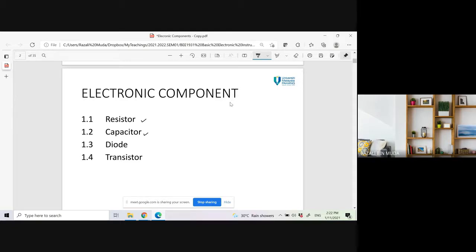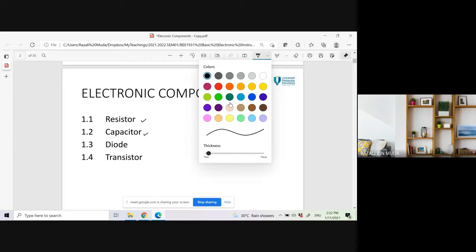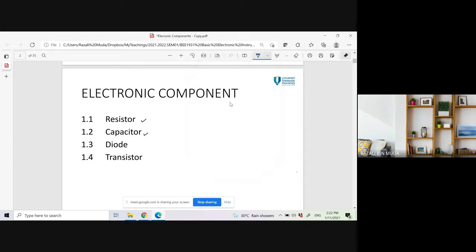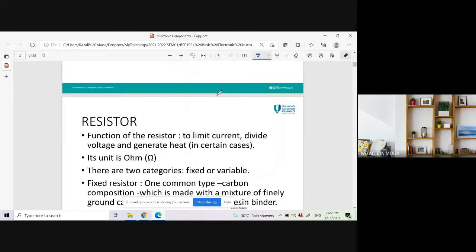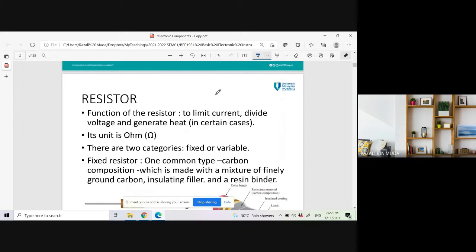Let's change this to blue. I think everybody already knows the components of electronics, because most of you are in third year already.